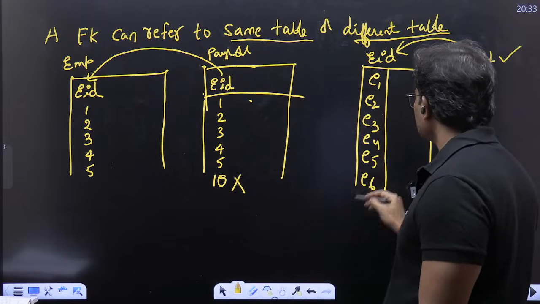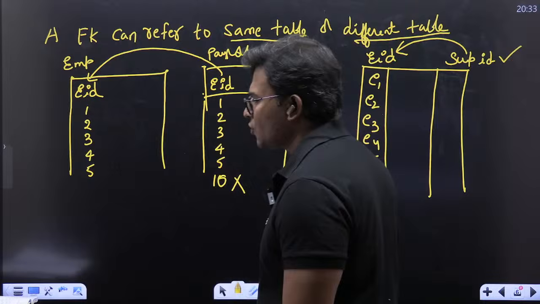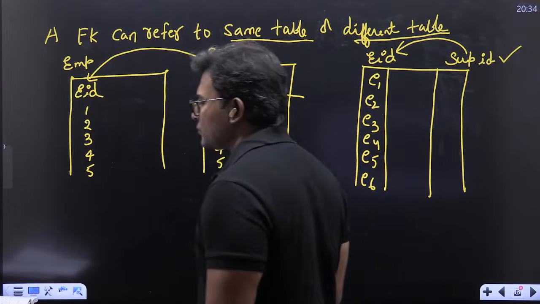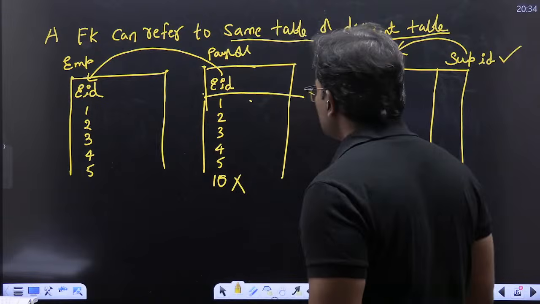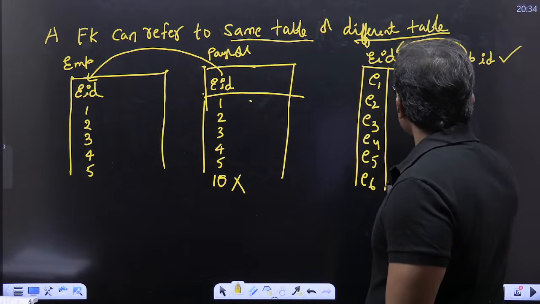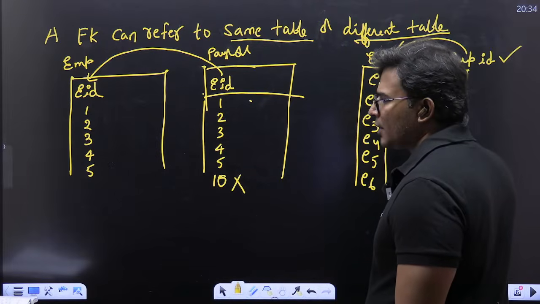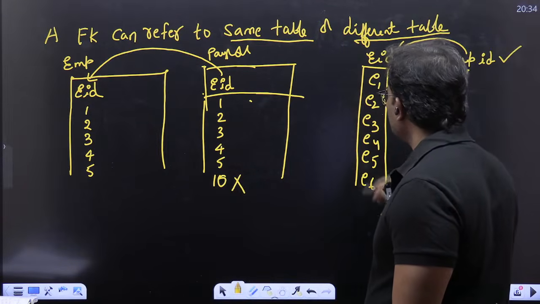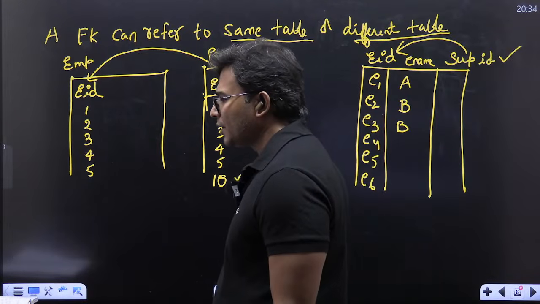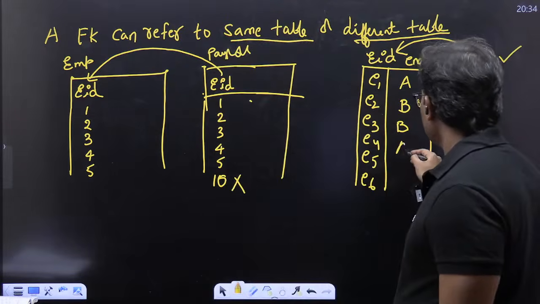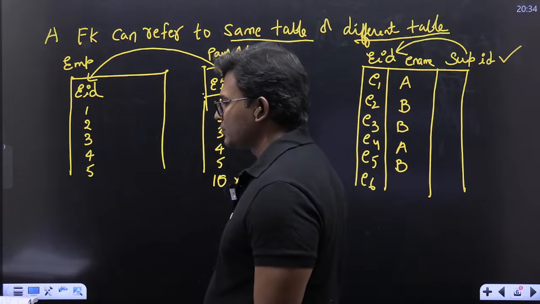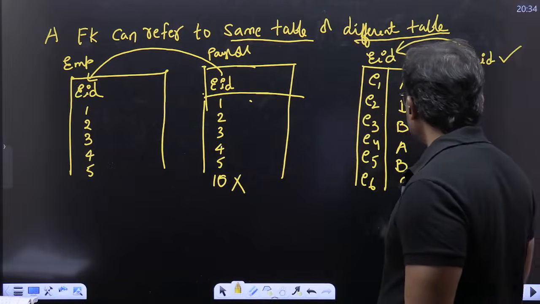Now the employee names, they can repeat. This is E name. A, B, B, A, B, and let us put one more, C.